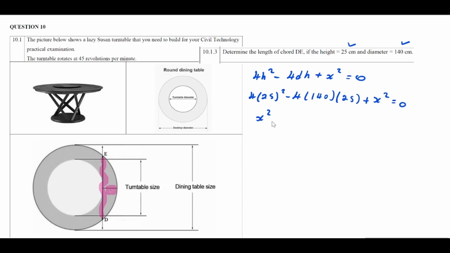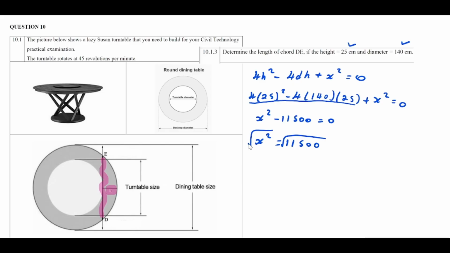If you simplify, you're going to find that your x squared, this whole thing here, when you put it in your calculator, it is going to give us 11500. All of this is equal to 0. When you simplify this, it's going to give you negative 11500. And then we are looking for x, which is 11500, and then you take the root on both sides.